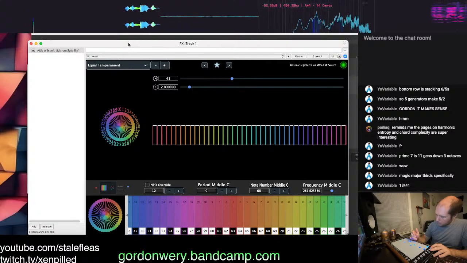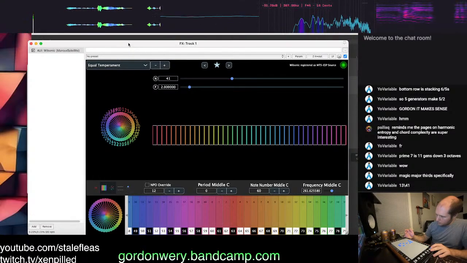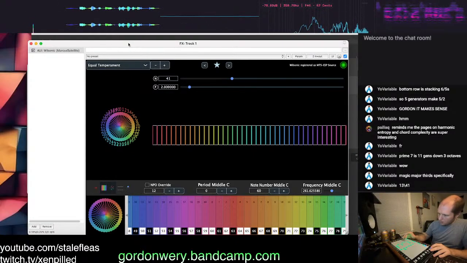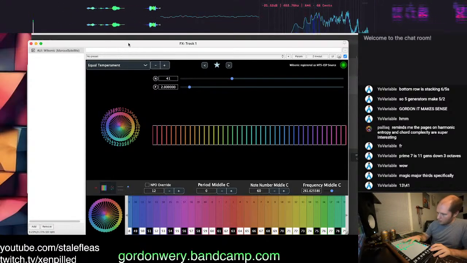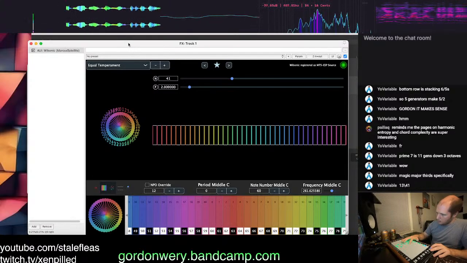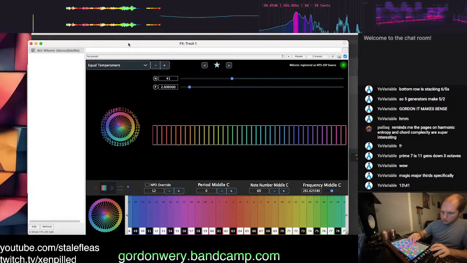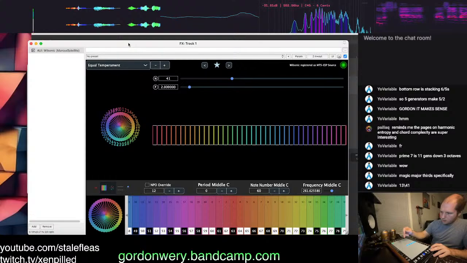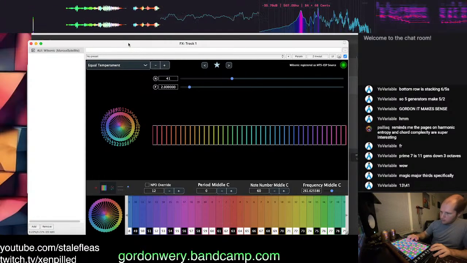And then magic. With the tetracot layout, you know how major chords have a nice shape. Miracle is one where you have intuitive-seeming shapes, where instead of going 4 steps over to get a perfect fifth, you have to go 6.